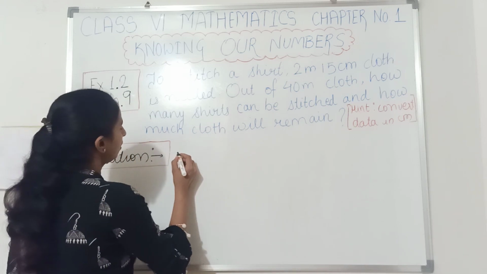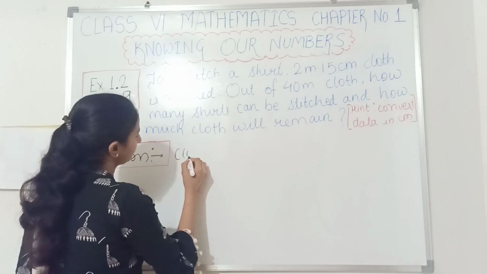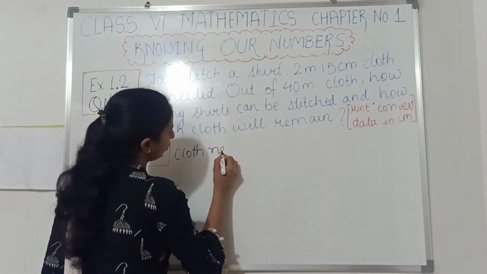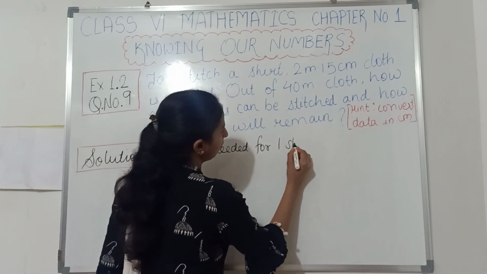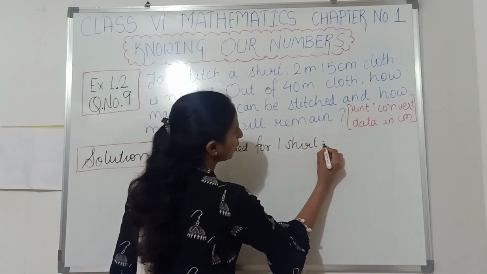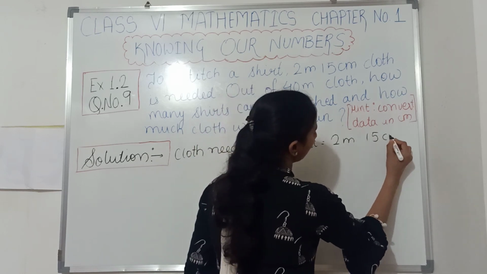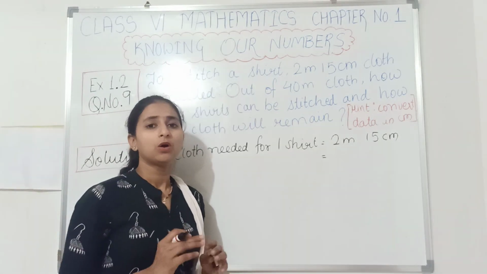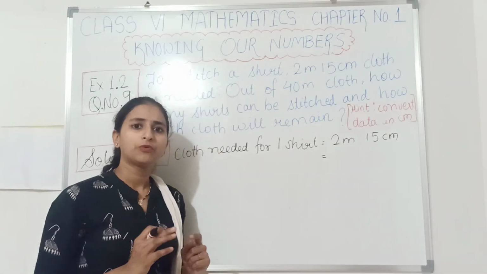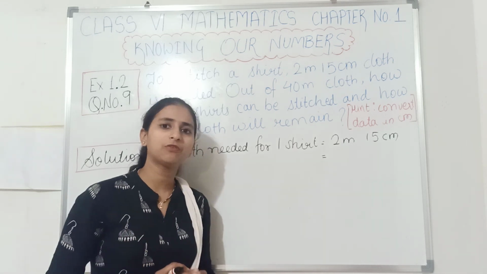So first, cloth needed for one shirt. It is 2 meter 15 centimeter. So let's see how to convert it. Students, I hope you have studied that video of conversion properly. If you have studied it, you will find it very easy.